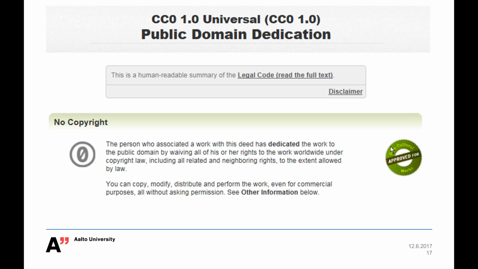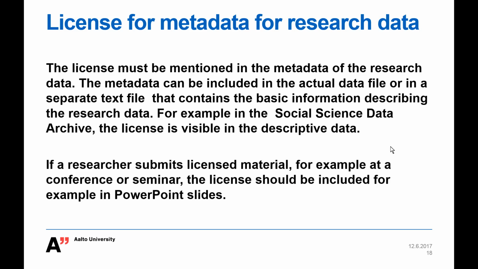And this CC0 is also used when you publish metadata, the data describing the research data, because in metadata it is not customary to mention who wrote the metadata. It is facts describing the research data.